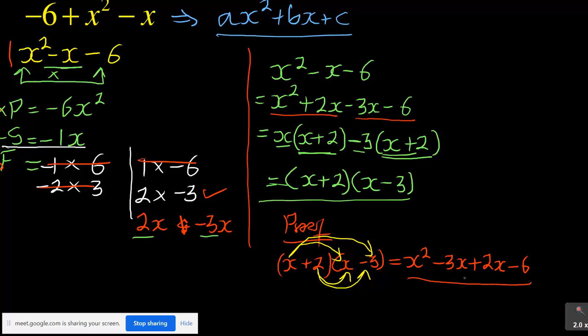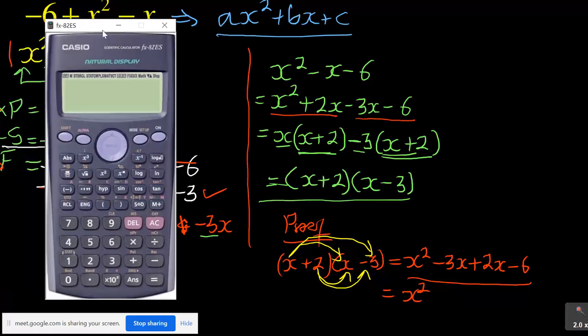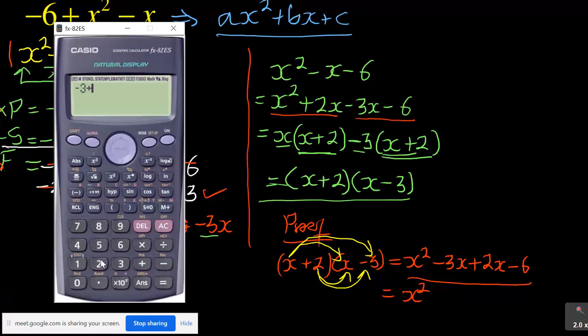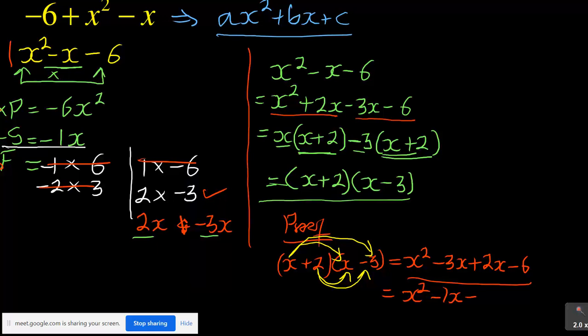So if you check this, you have to add further just to get 3 items, which is x squared. Now minus 3 plus 2, I think it's a negative 1. Yes, negative 3 plus 2 is a negative 1. So which is negative 1x, negative 6.